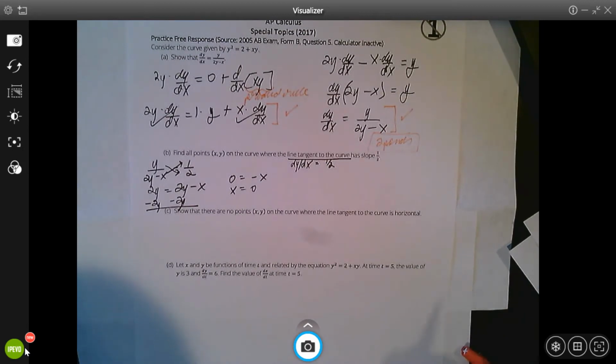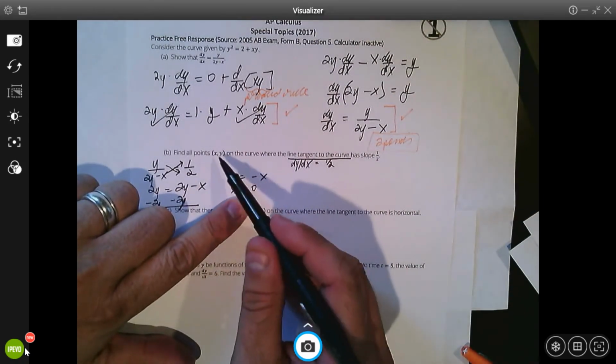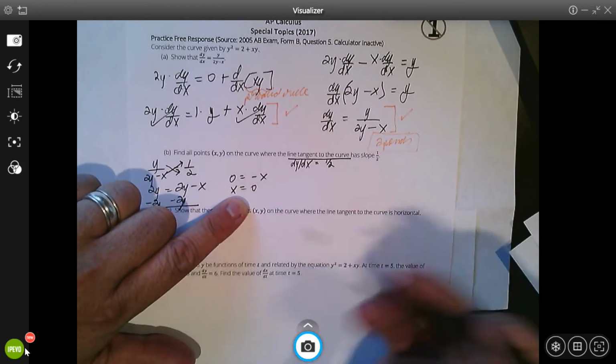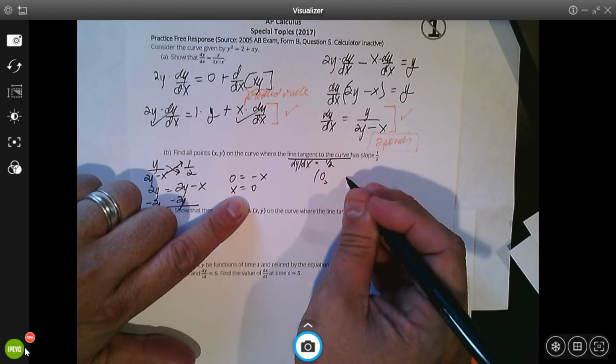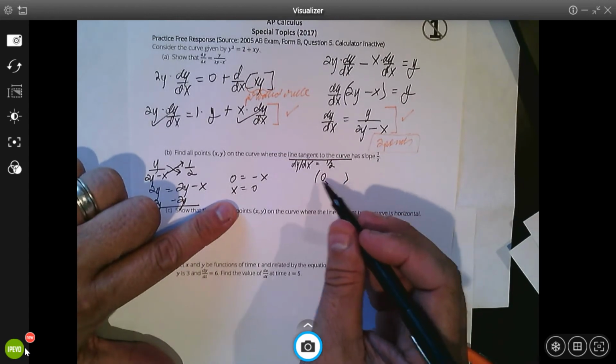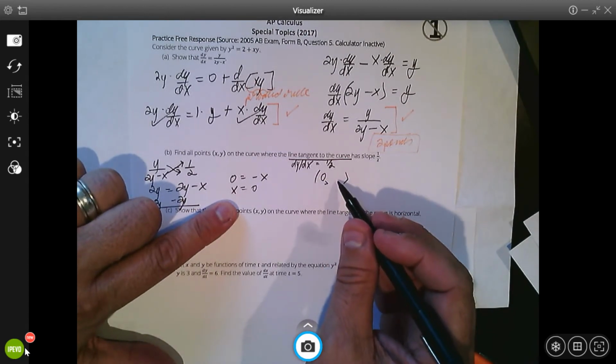Now, for the calculus teachers out there, I want to be really careful because I think the solutions are incorrect. I'm looking for points that are of the form (x, y). So what I know is that the x coordinate is 0, but we haven't figured out the y coordinate. How do you figure out the y?